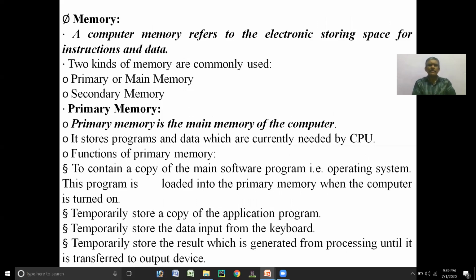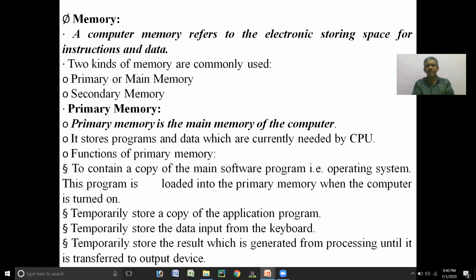Then next we'll start with the memories. At the end of the components of motherboard, that was the remaining one, bus. Then the next heading is memory. As you all know, computer memory is nothing but a space to store the data and instructions. That's why you can say that computer memory refers to the electronic storing space for instructions and data.